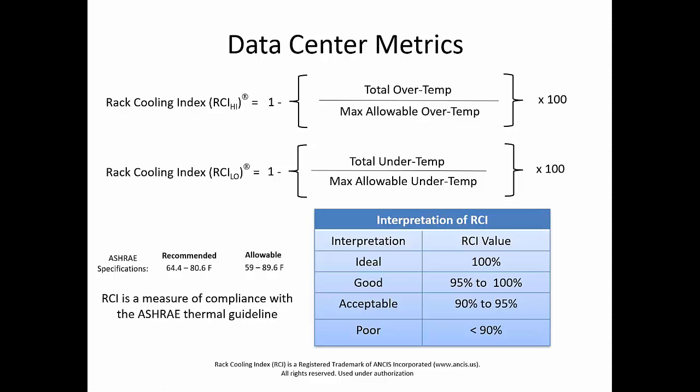You can run it cold, but it's a thermodynamic train wreck with respect to energy. In other words, you're using an awful lot of energy to get that cold air. So the question becomes, why are you running that cold? Whenever I am in a data center and they're running that cold, I know that they're paying a lot more for energy than they should be, and the data center is not optimized.